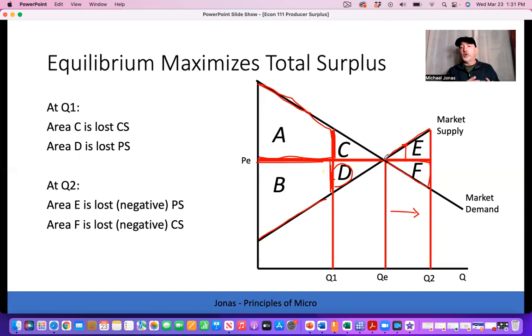There is no longer a mutually beneficial negotiable price at a quantity beyond QE. If we raise the price, lower the price, it just means one side's losing more and the other side is losing less. But there's always going to be this negative contribution to total surplus. So it doesn't matter what direction we go, society loses from a disequilibrium.